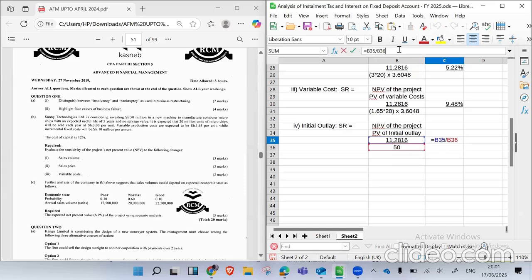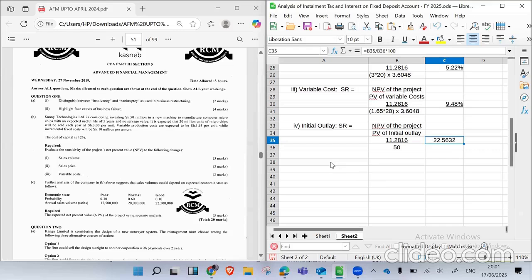Times 100 to make it a percentage. That is 9.1%. It's just NPV over the present value of the decision variable. Great.